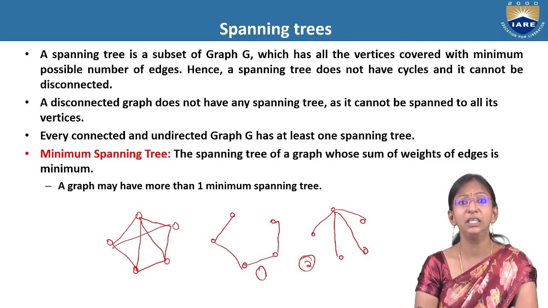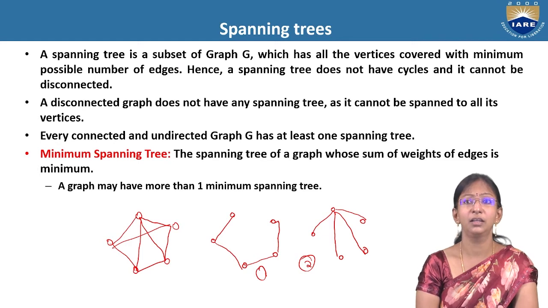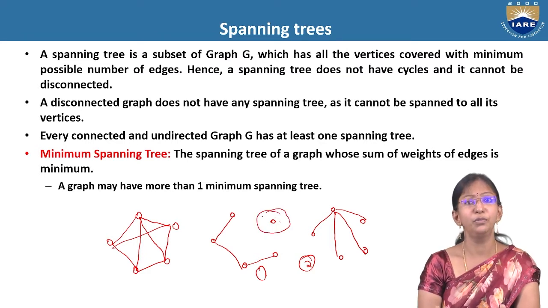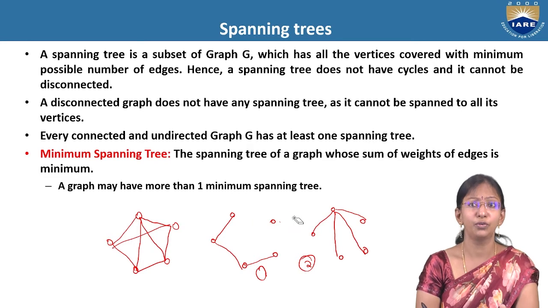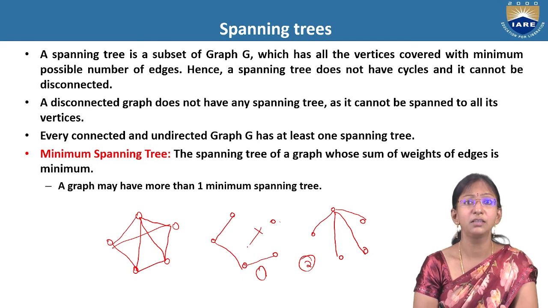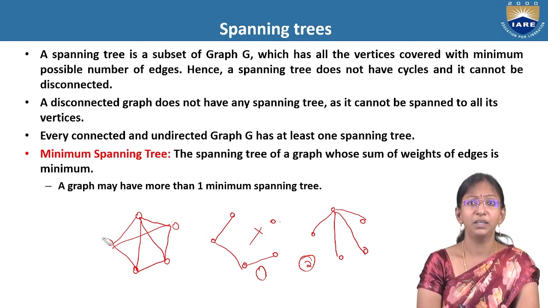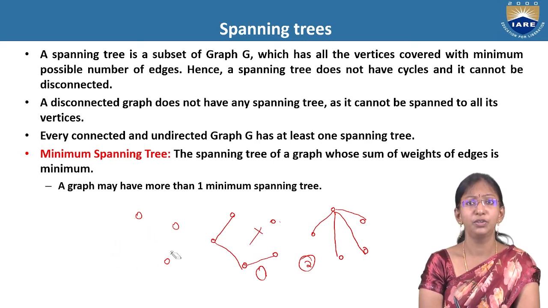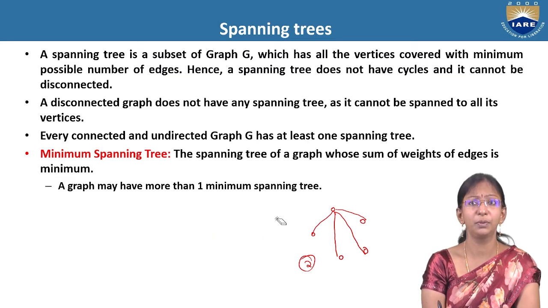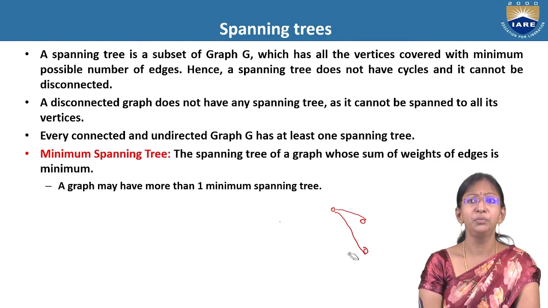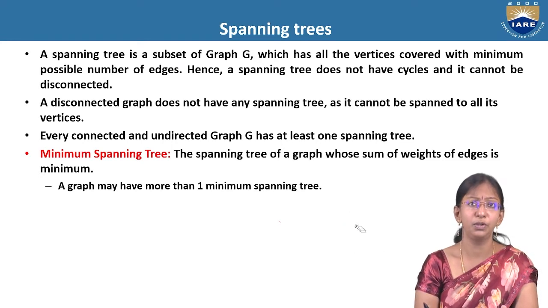That means you cannot leave a node out. Now here you can see that this node is being removed from the set of the nodes of your graph. So hence this will no longer be called a spanning tree, right? So spanning trees are a collection of edges which connect all the nodes, please remember that all the nodes will be connected in such a way that the minimum number of edges will be used.